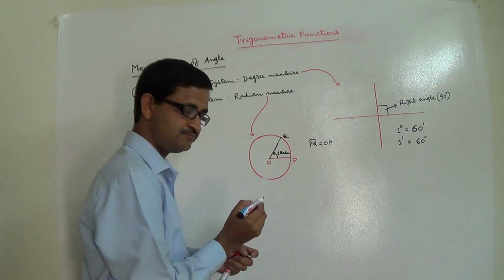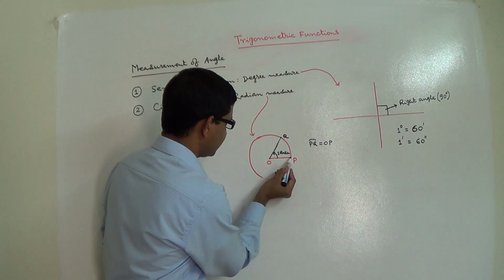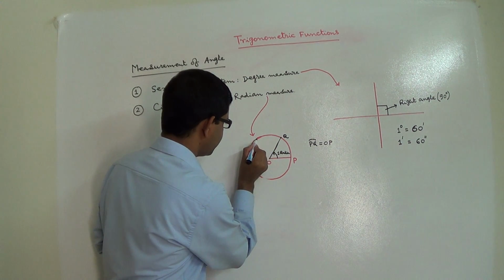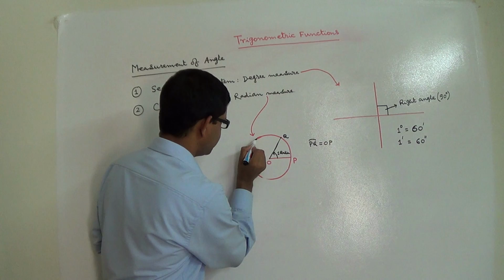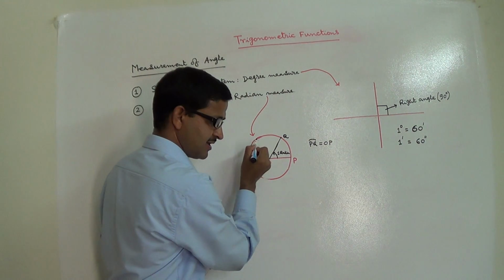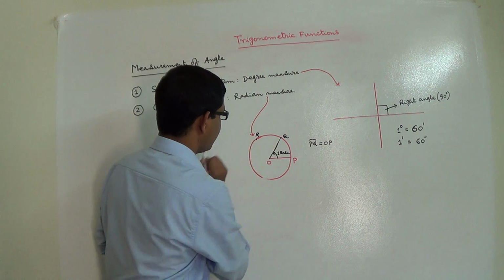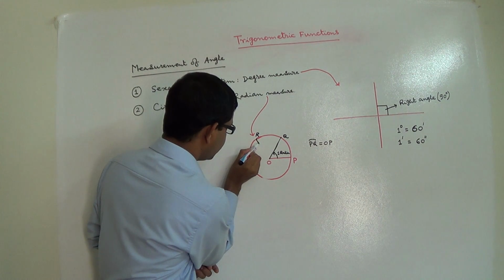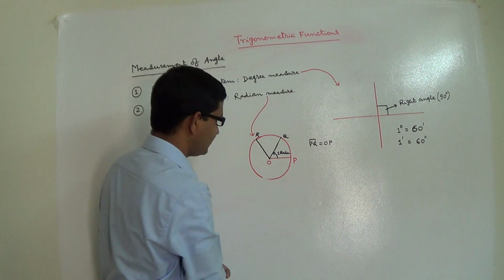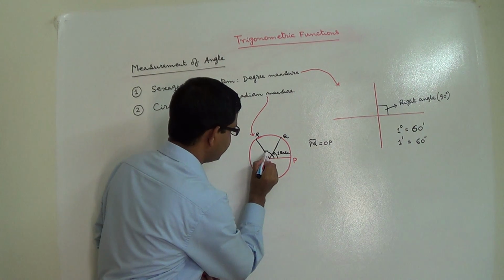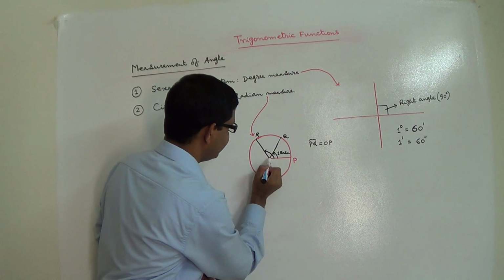Now suppose that point P moved to another position on the circle. Suppose this is R. Then OR is the terminal side, and this angle has been formed. Suppose this angle is theta.